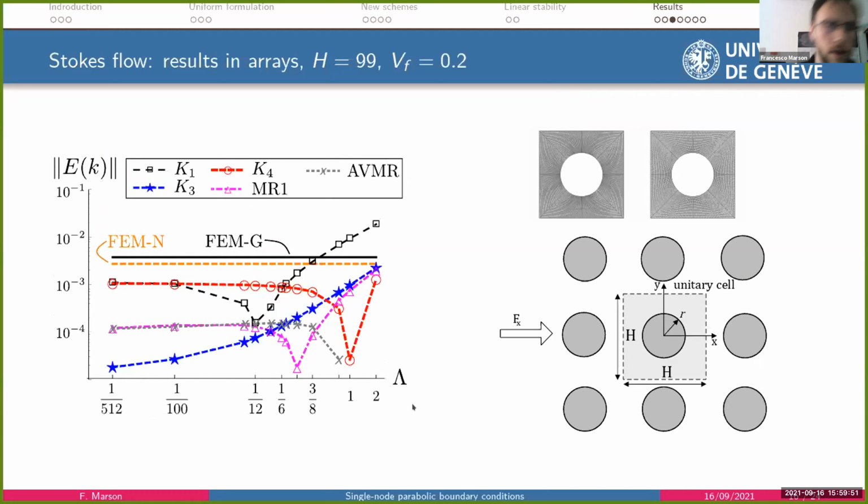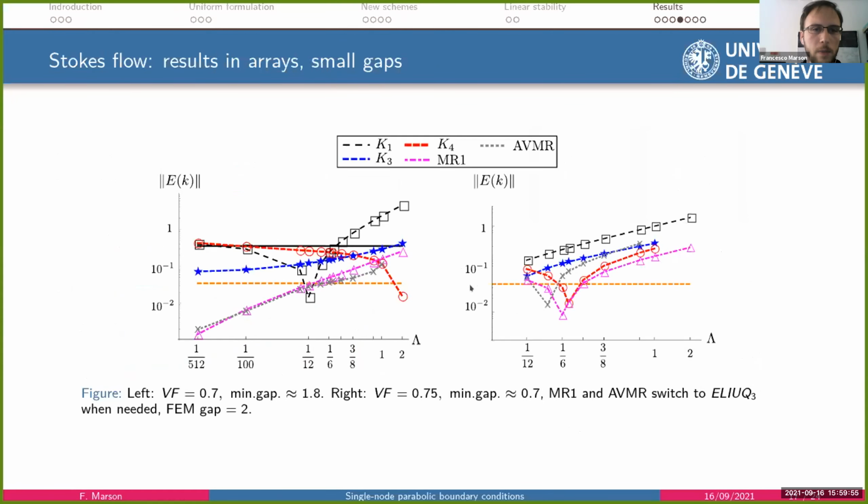Then we repeat the result at a higher resolution with similar results. And finally, some results with very narrow gaps, in which we compare again against the finite element solver with two cells between two cylinders, while with our lattice Boltzmann we are working with gaps of either 1.8 or 0.7.